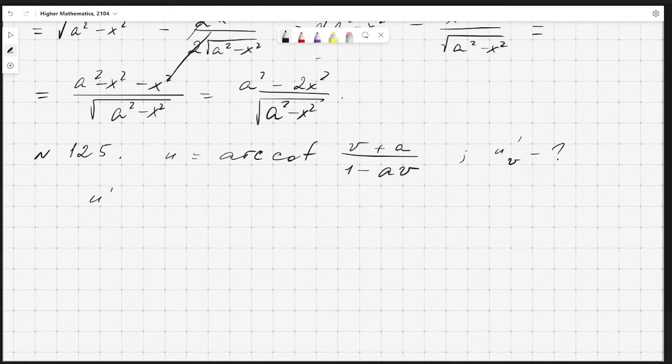Find derivative. Derivative of arc cotangent is minus 1 over 1 plus argument squared. Then we must multiply by derivative of argument.